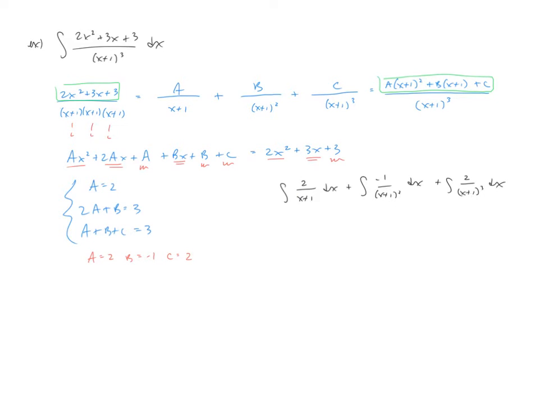Both of these other ones are u-subs. If you let u equal the inside on the bottom, then once you run through the process, it turns into a simple add 1 and divide type problem. When all is said and done, you end up with 2 natural log absolute value of x plus 1, plus 1 over x plus 1, minus 1 over x plus 1 squared, plus C.